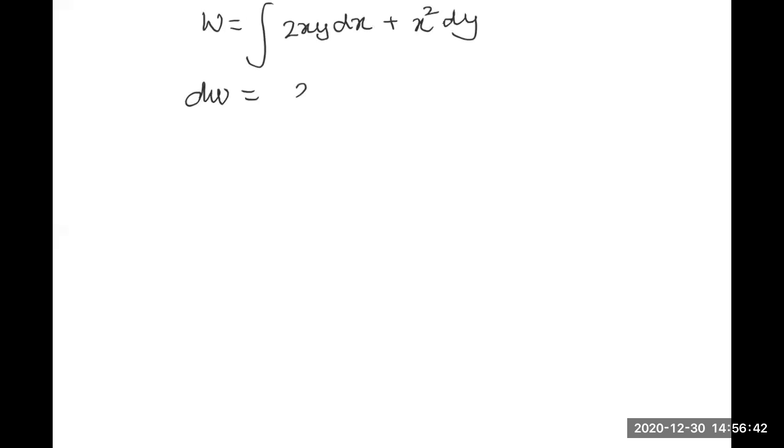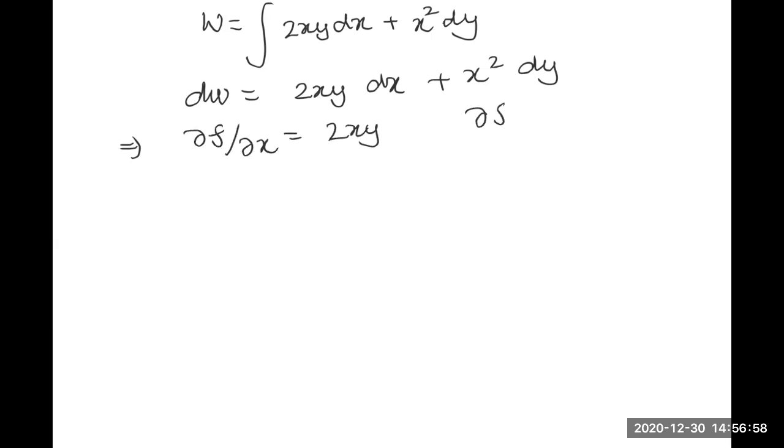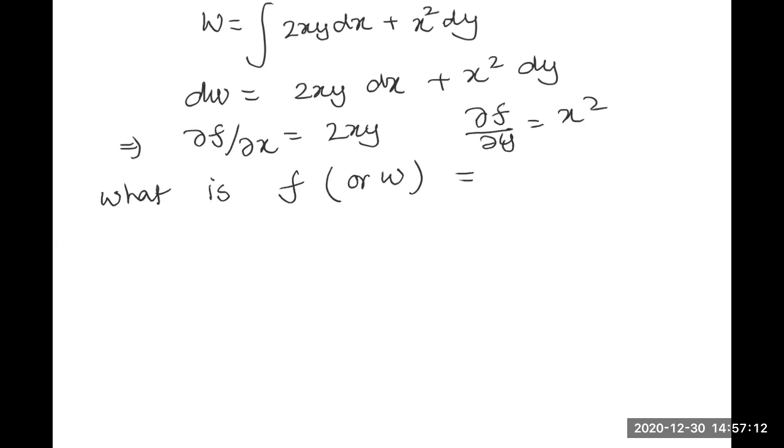So dw is equal to 2xy dx plus x square dy. This implies that del f by del x is equal to 2xy and del f by del y is equal to x square. So what is f और w? सेम चीज है. क्या फंक्शन है वो x y?